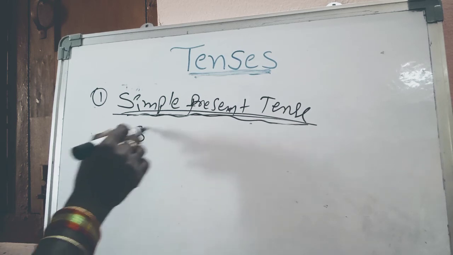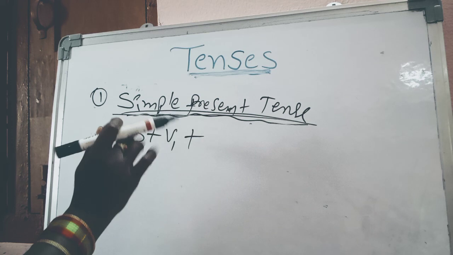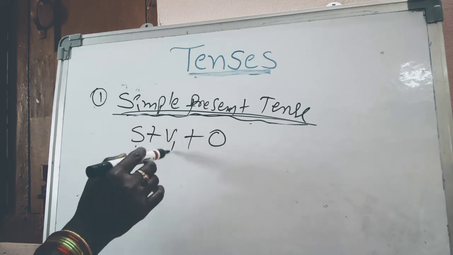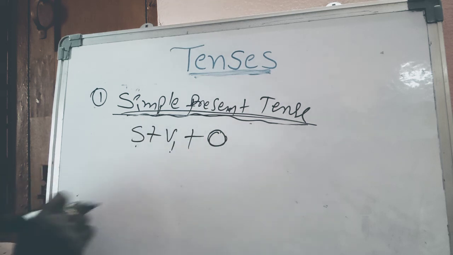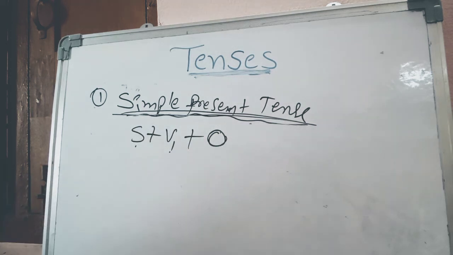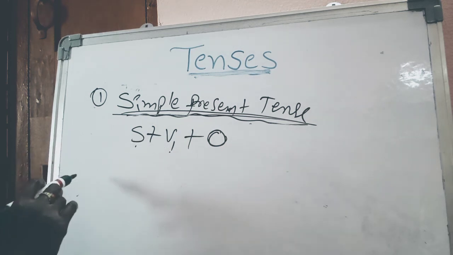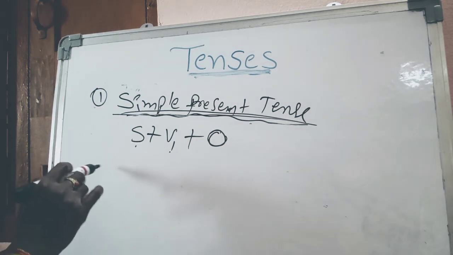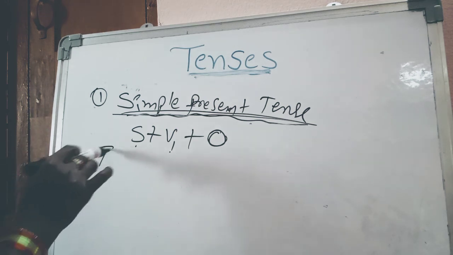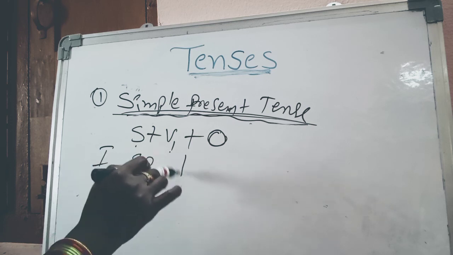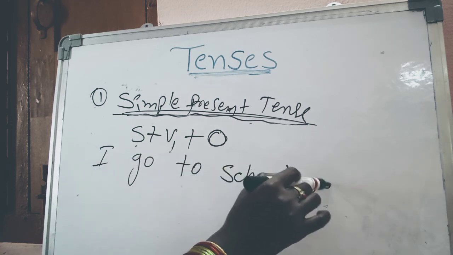We are talking about the simple present tense. The structure is S plus V1 plus O. S means subject, V1 means verb 1, O means object. More examples of simple present tense sentences: we use different types of subjects in front of the sentences. I go to school regularly.